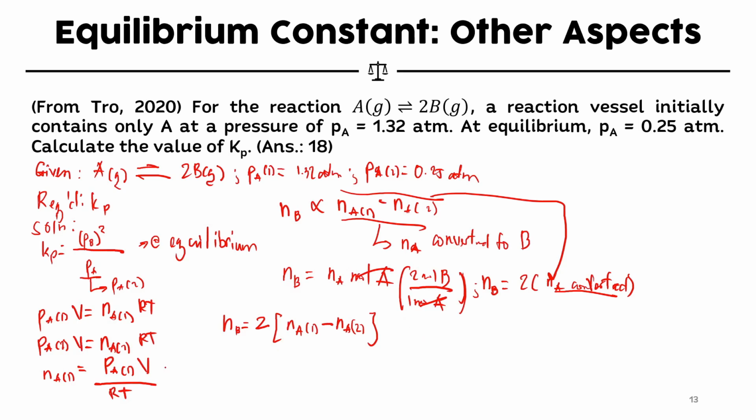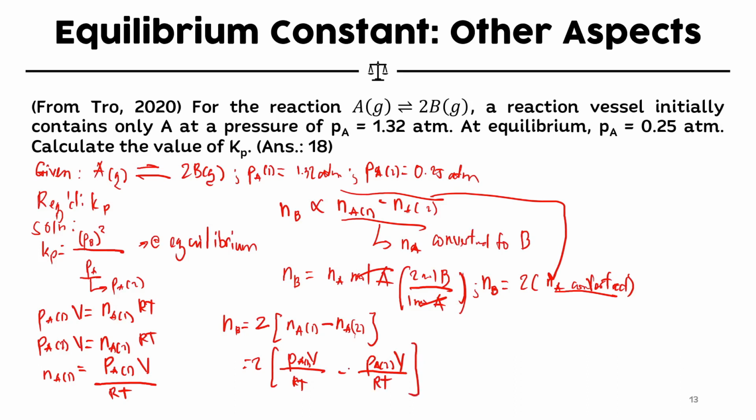We will use this expression to substitute into the expression for the number of moles of B at equilibrium. So that is equal to 2 multiplied by Pa1 V over RT minus Pa2 V over RT.